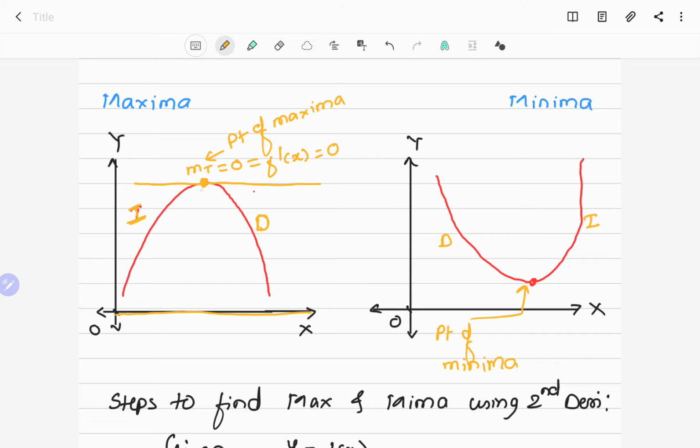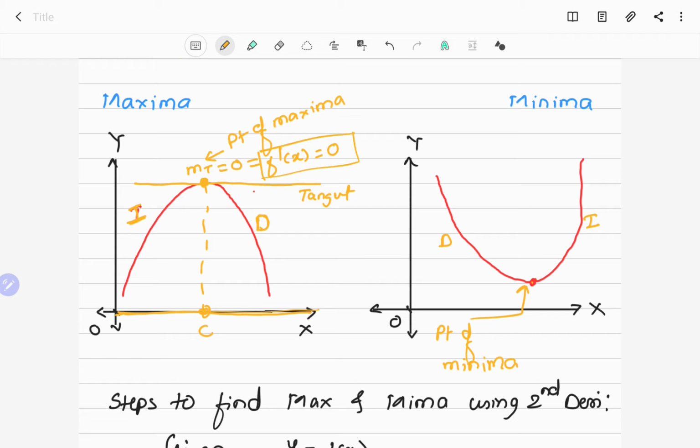Let's say this is the point C. At point C the derivative is equal to 0. The reason is the concept that slope of tangent is equal to derivative, and in this case this tangent is parallel to the x-axis, so the derivative becomes 0.